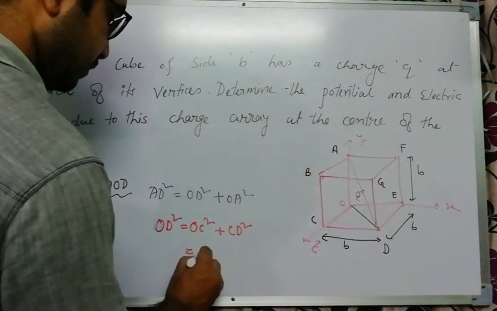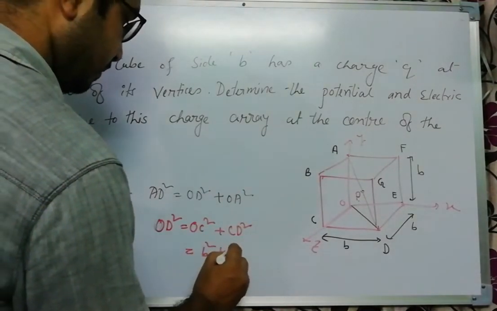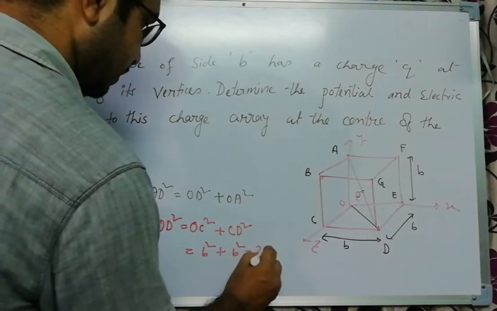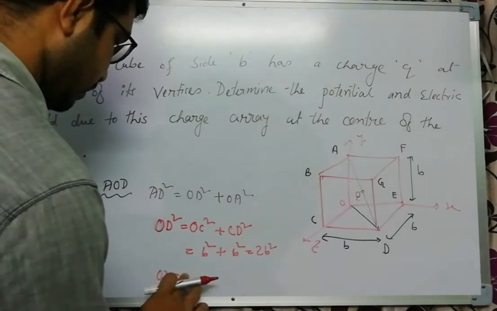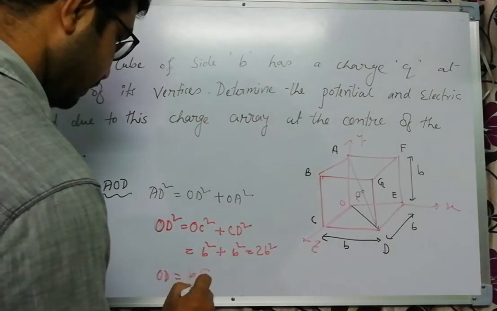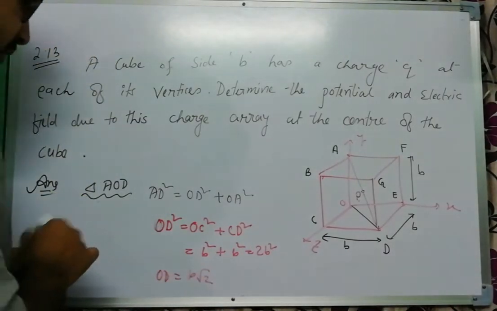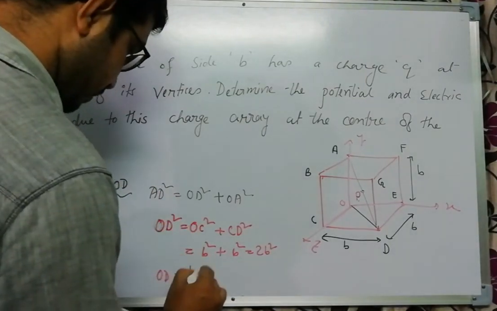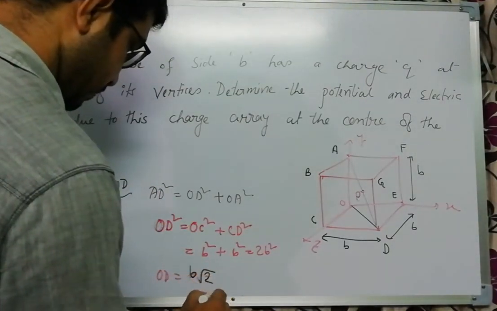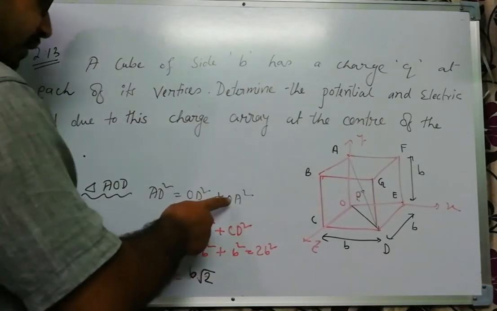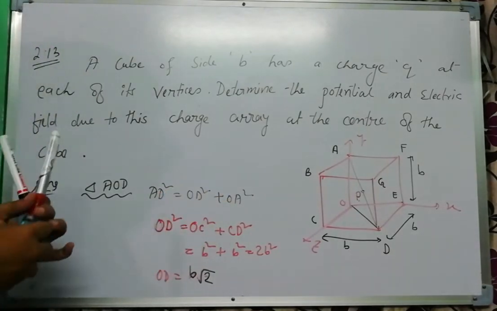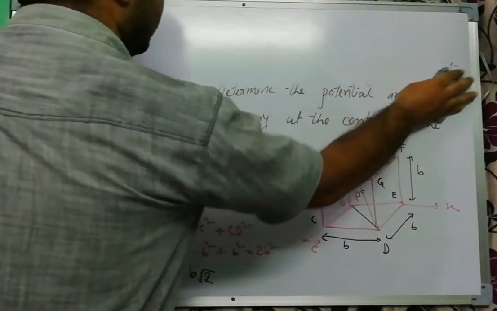OC means B square, CD means B square, twice B square. So OD means B root 2. Now put the value of OD over here and put the value of OA. So we'll get the answer.